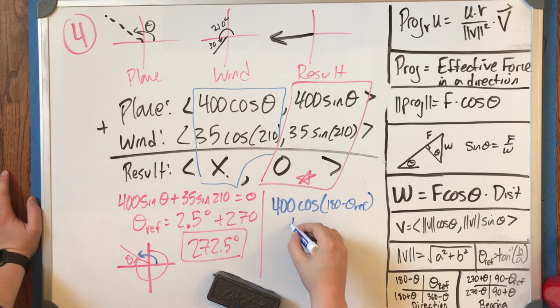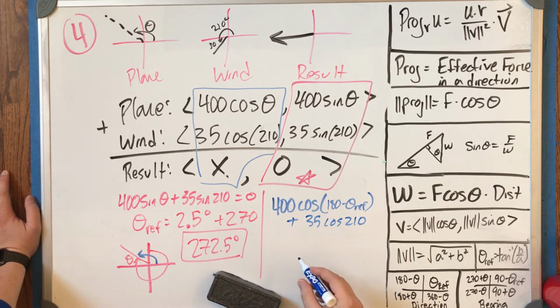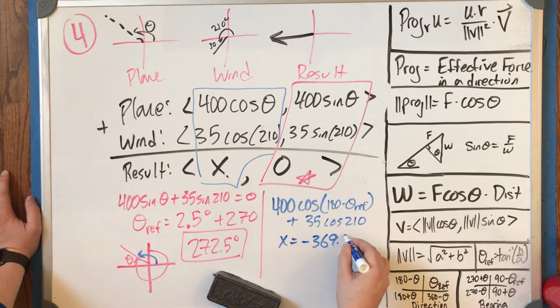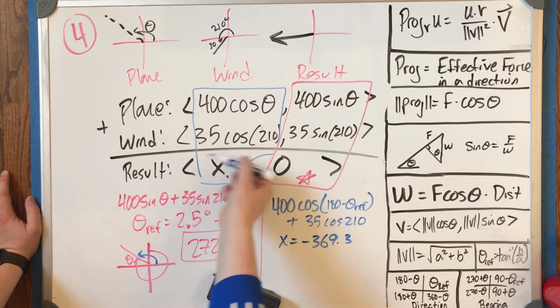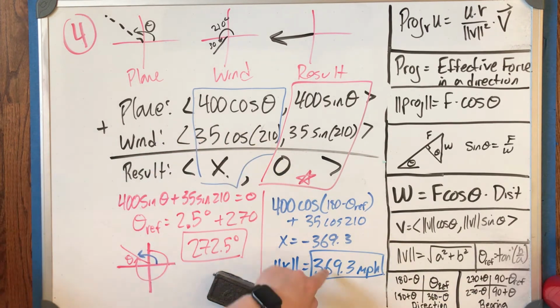And then I would just add that to the 35 cosine 210, and whatever that equals for x, it's going to be a negative number. I believe it's going to be negative 369.3, and that's because we're going west, so it's negative, so the magnitude of that value is just going to be positive. So this is how fast the plane is actually going. So the wind is slowing it down pretty significantly, 30 miles per hour.